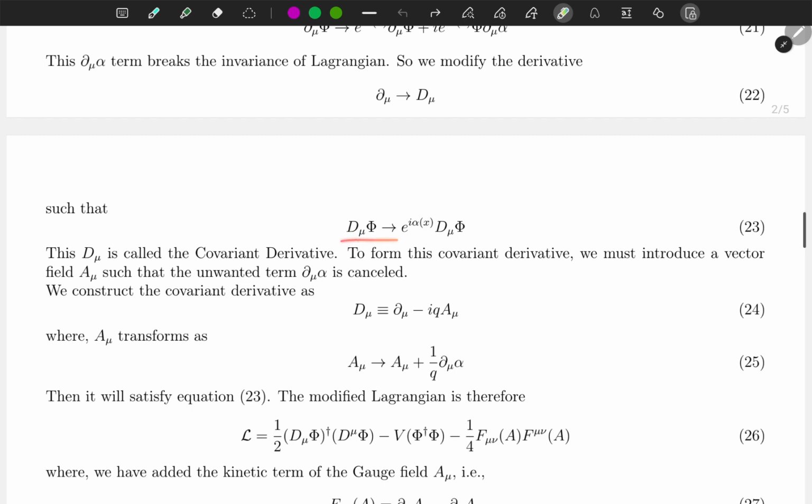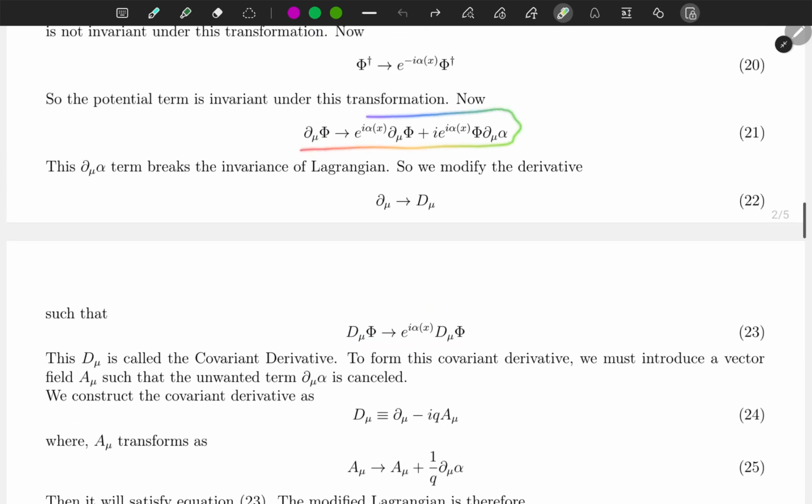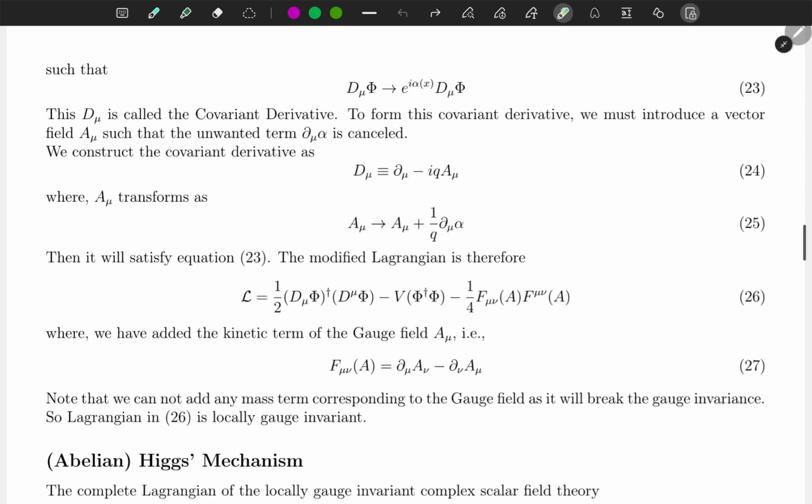We want such a transformation: you see that this transforms as this, but we don't want this term, we want only this term. So we want D mu phi to transform like this term.